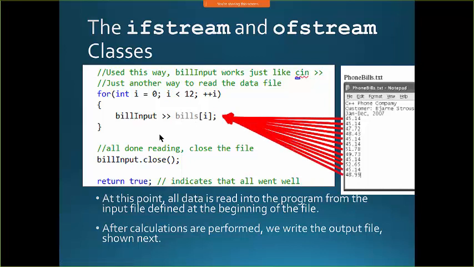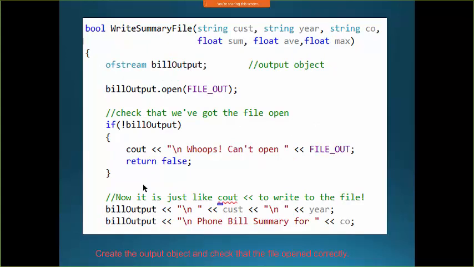Does that make sense? And then we close our file and return true, because at that point we were able to read the file. So that's how we read the files.